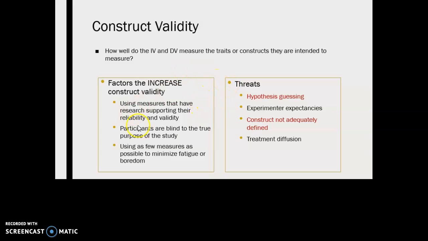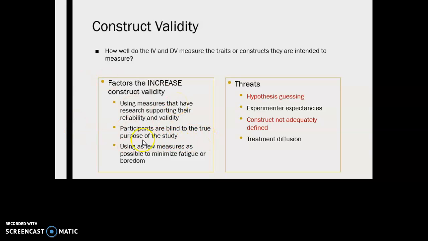The things that increase construct validity are using measures that have research supporting the reliability and validity, right? So these are measures that have undergone a rigorous development process and have been evaluated to show that they have test-retest reliability and internal reliability and a high degree of construct validity.